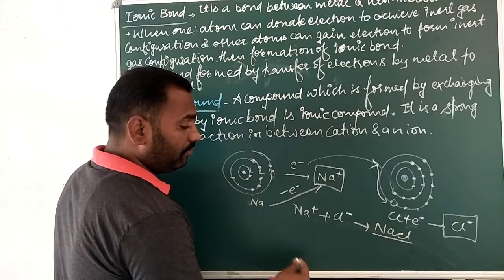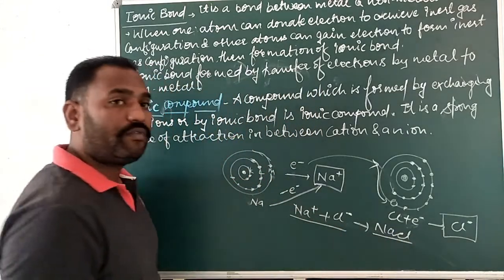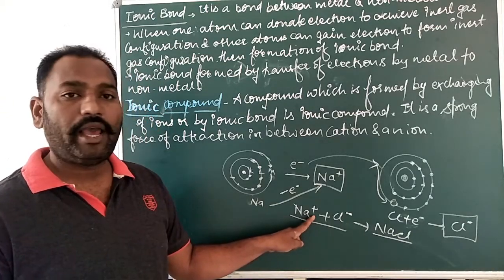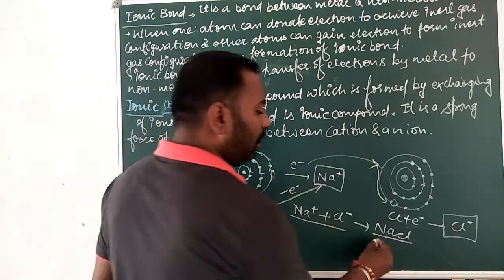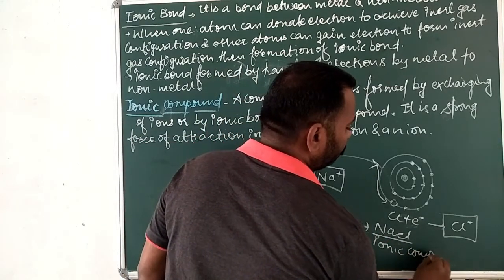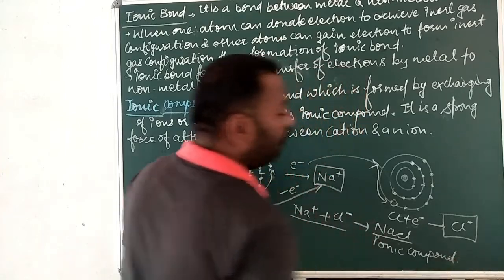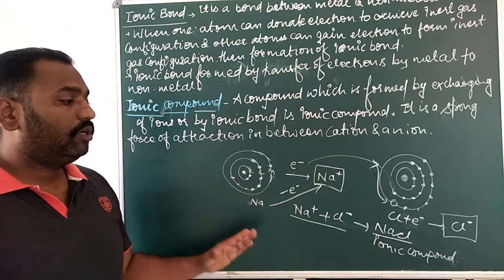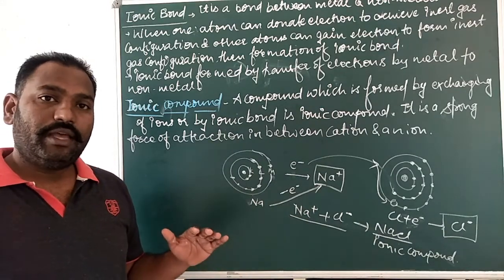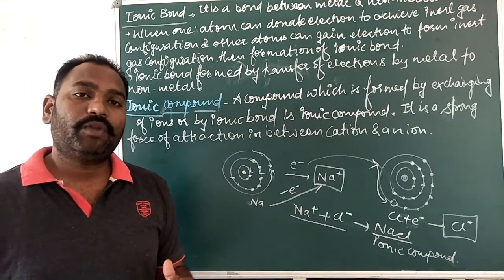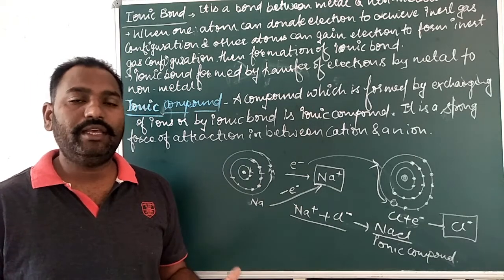First of all, this is the strong force of attraction of the ionic bond, and the formation of this is the ionic compound. You also saw in the 9th class that an ionic bond generally forms with the exchange of ions, and covalent compounds are formed only with the sharing of electrons.